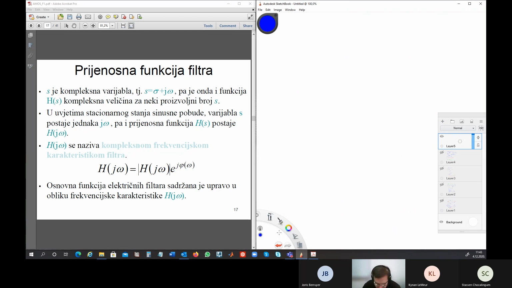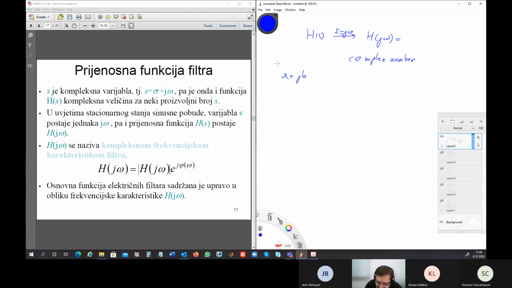Now, if we put into H of s this, we have obtained H of j omega, which is a complex number, like a plus j b.